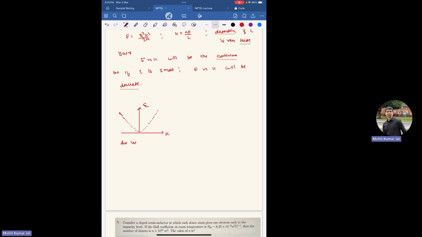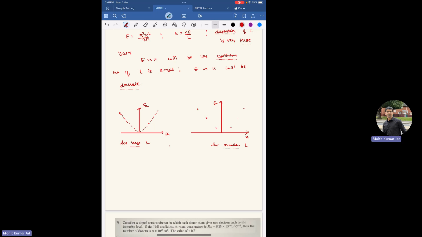For large L it is like that, but for smaller L, they will be like one here, one here, one here, one here, one here.